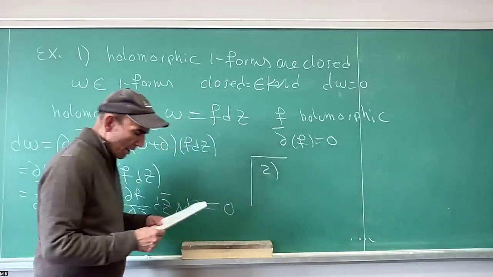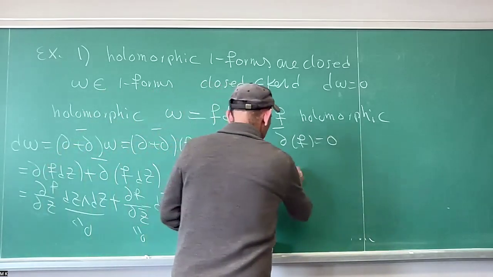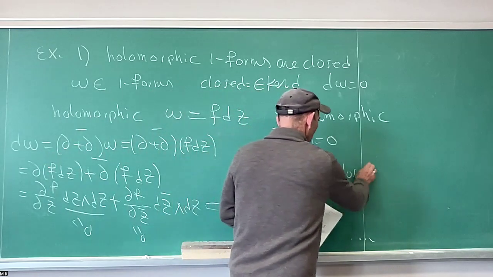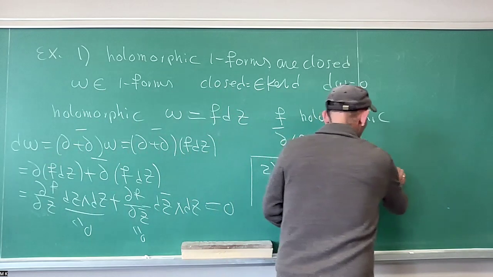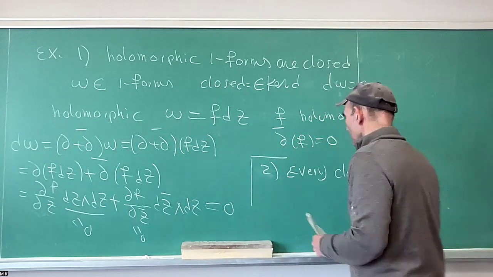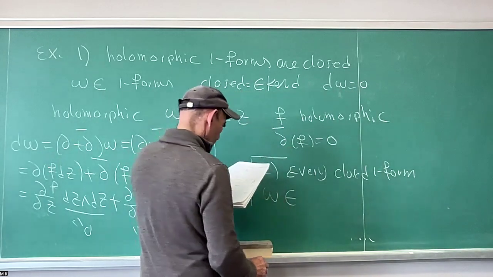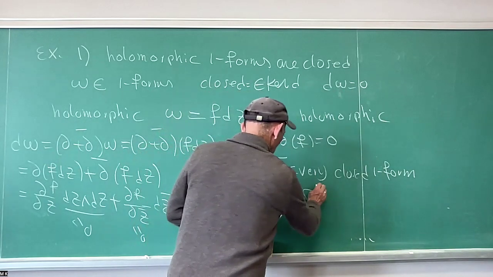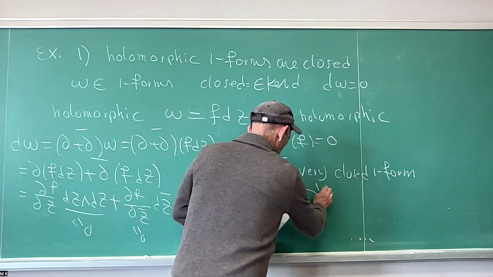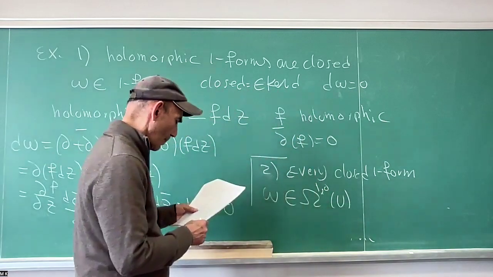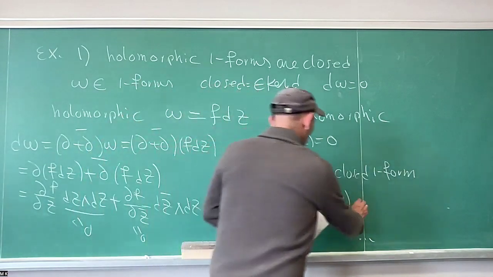I'm saying every closed one form omega belonging to omega 1,0 of U is holomorphic.